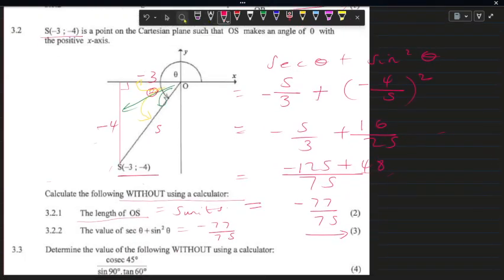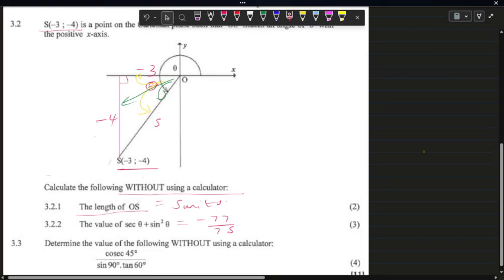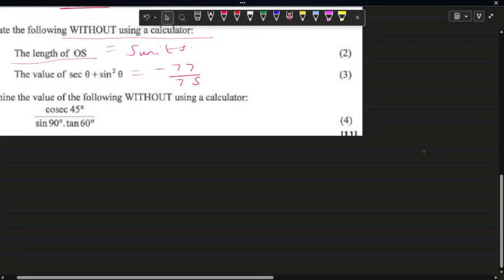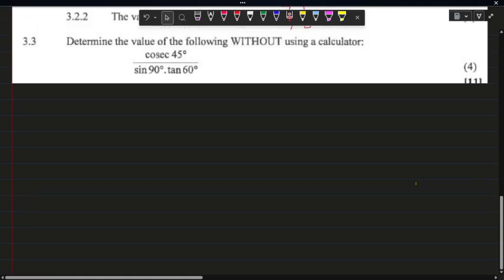Okay, and then we go on to 3.3. Okay, so in 3.3, they say that we must determine the value of the following without using a calculator.